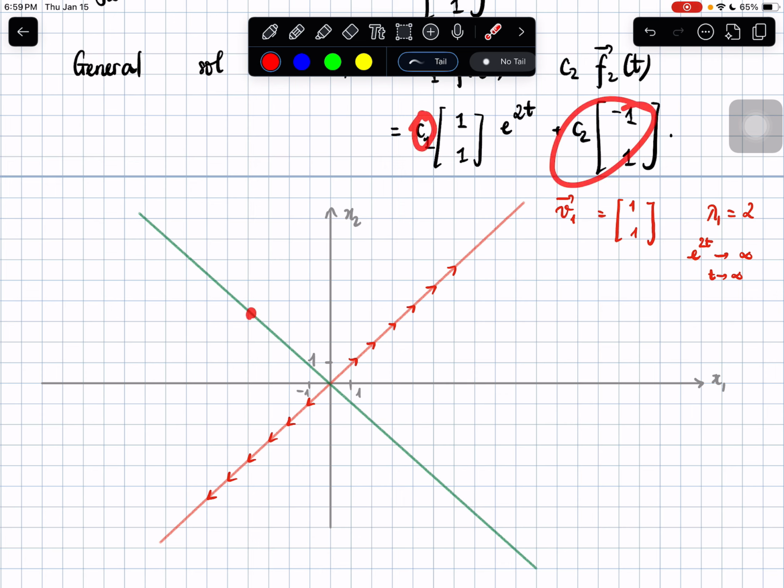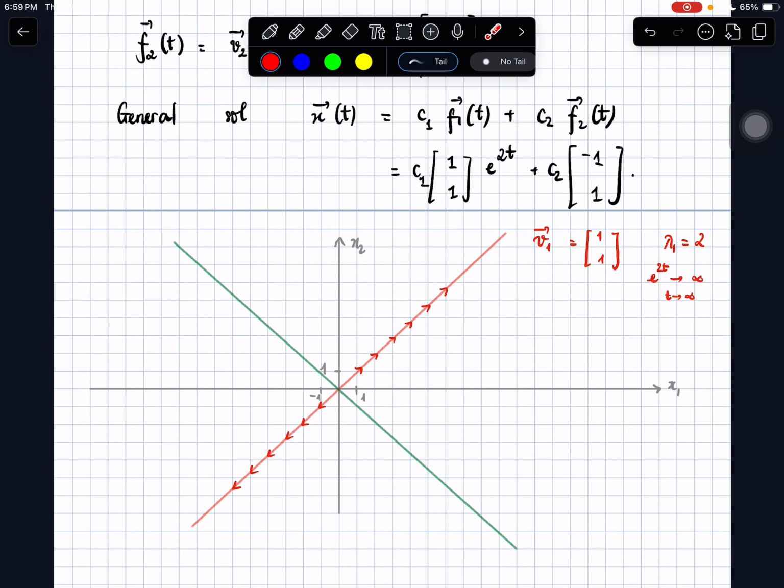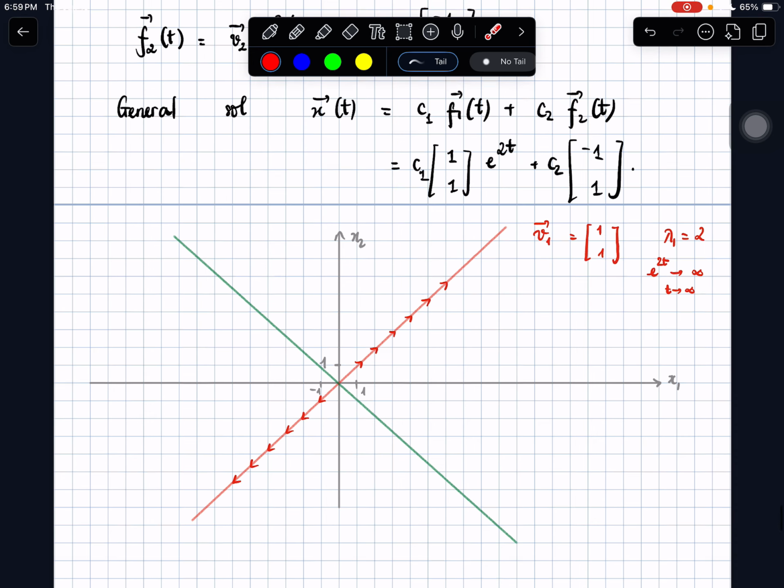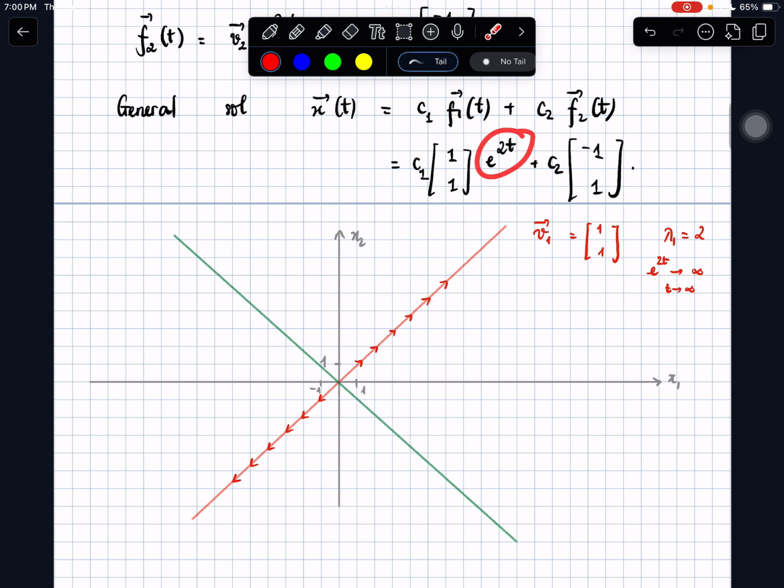So in case c1 is 0, it is just a point on this line. Now we have a remark. When t tends to minus infinity, this one tends to 0, and X(t) will tend to the point c2 times this. Depending on c2, it just tends to one point.